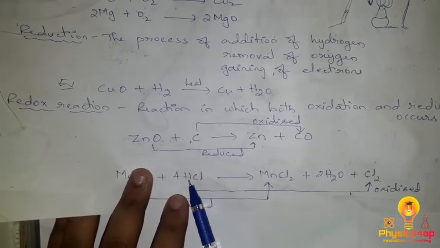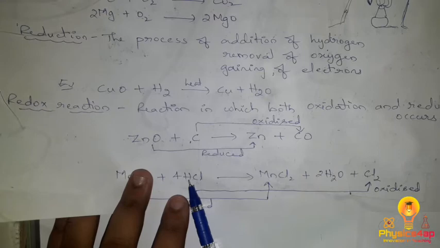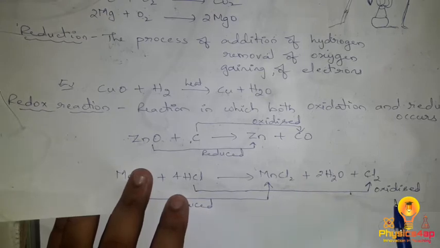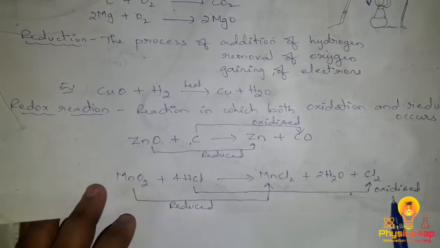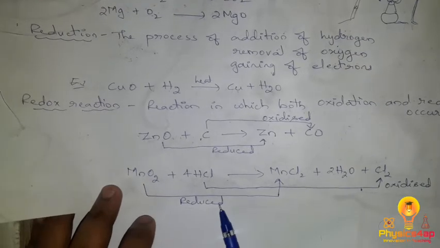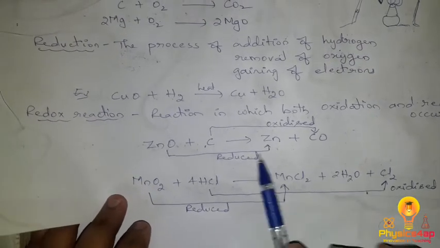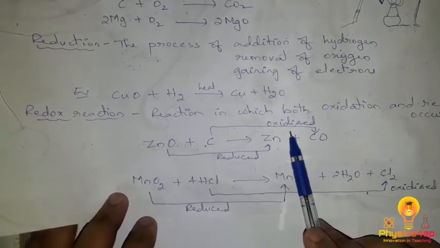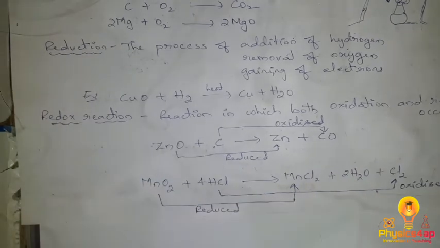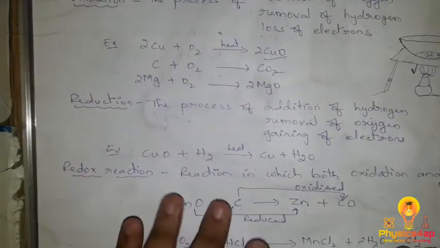That means as the hydrogen is removed from this, it is called oxidized here. So here we have reduction and oxidation both, so it is called a redox reaction. So this is the complete information about oxidation and reduction.